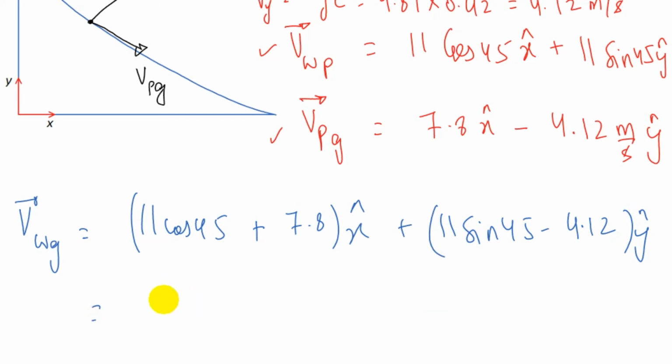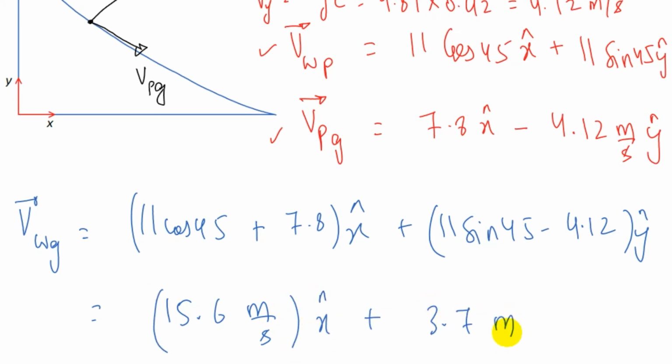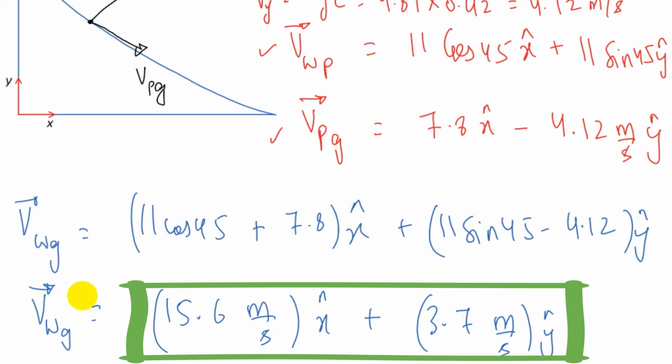So after solving, we'll get this value to be 15.6 meter per second x cap plus 3.7 meter per second y cap. So this will be the velocity of water relative to ground, and the answer for the A part.